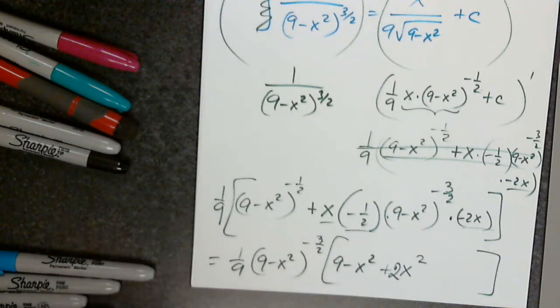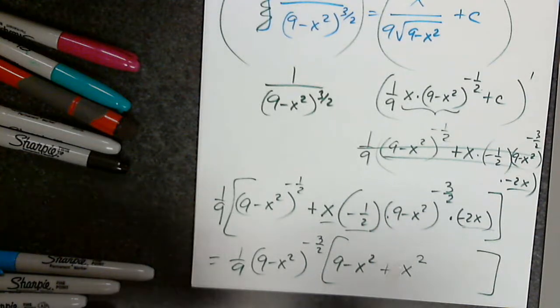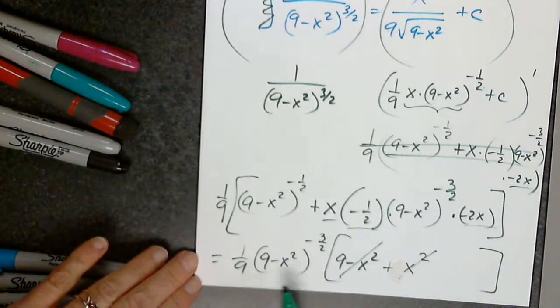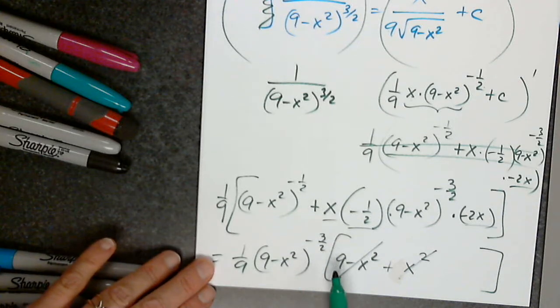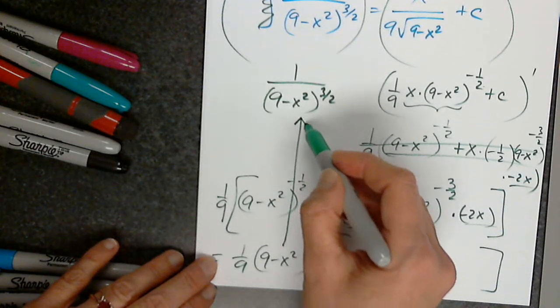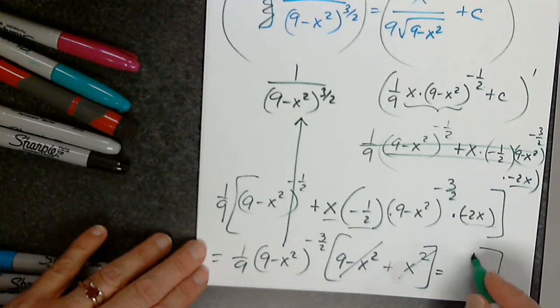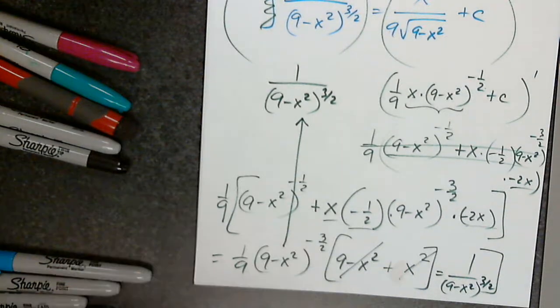Oh, right, it's divided by -2. So then -x squared with positive x squared go away. Then positive 9 with -9 will simplify. And look what I get. I'm going to erase that. 1 over (9 minus x squared) raised to 3/2.